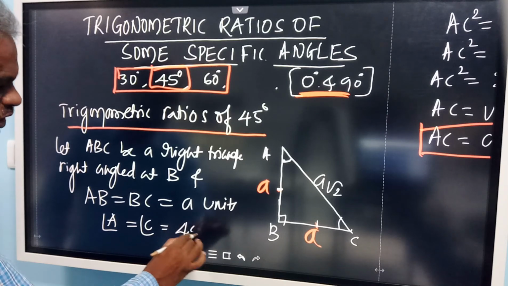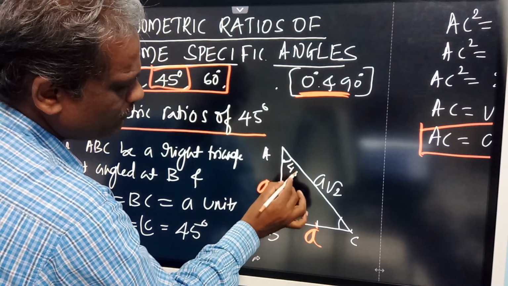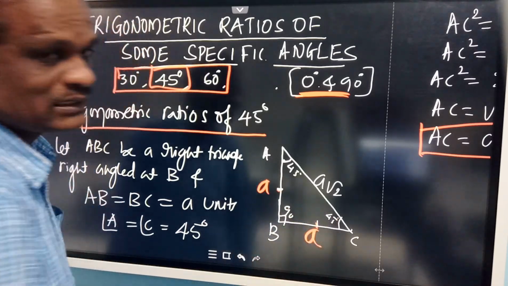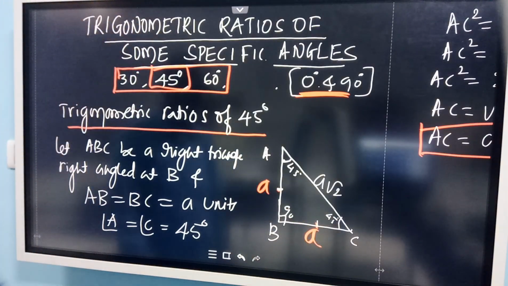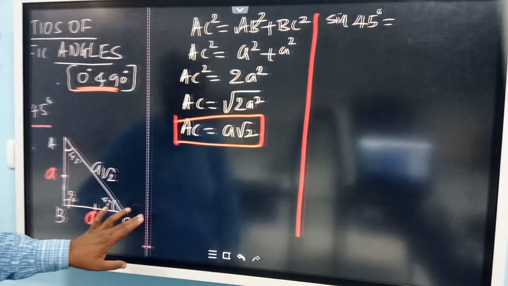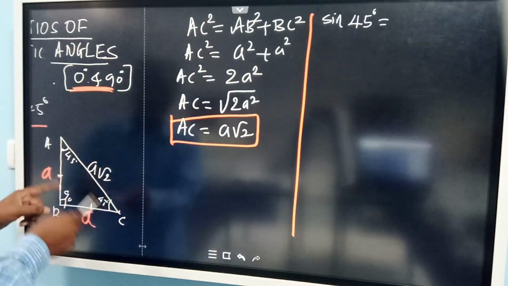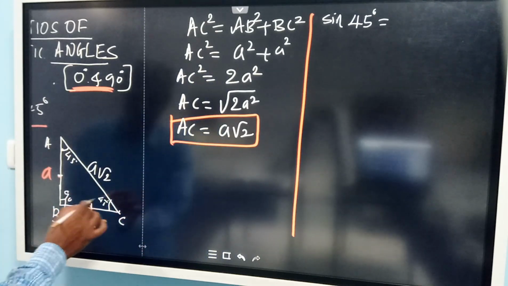Both will be equal to 45 degree, because this itself is 90 degree, then these two will become 45 and 45. The sum of angles property, 180 degree, should hold. Now you can take any one, either A or C, since both are equal to 45 degree.